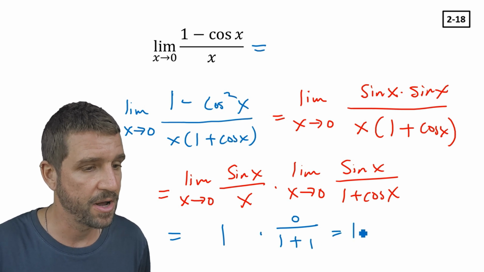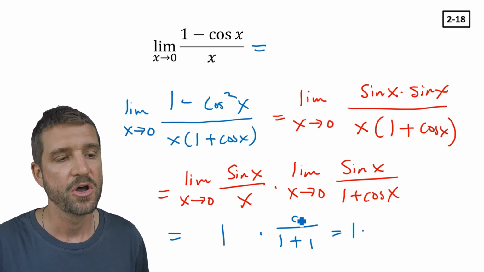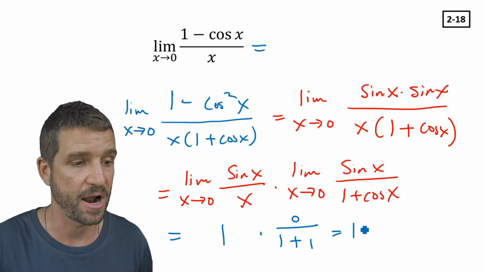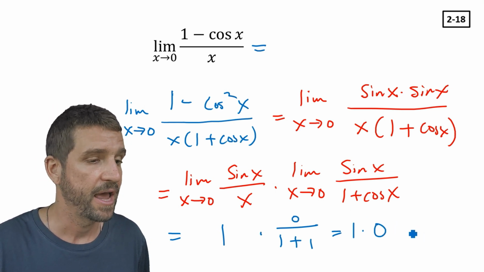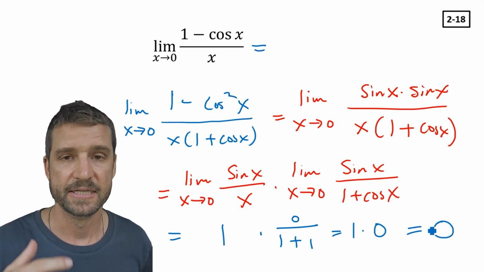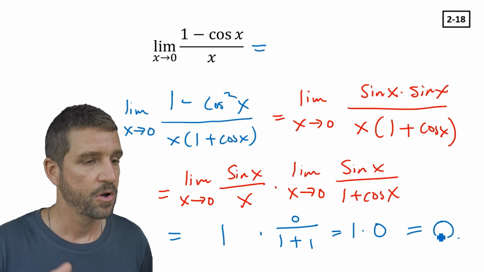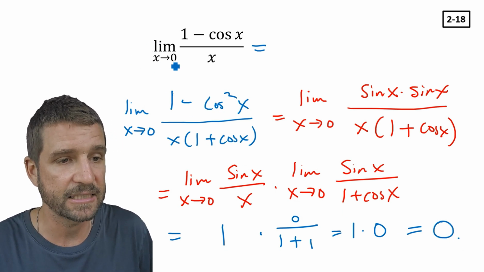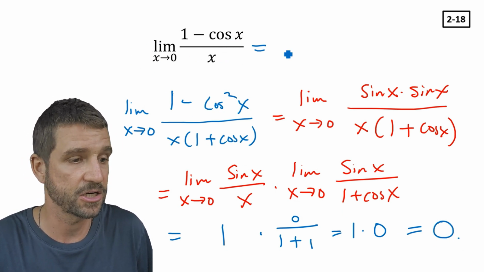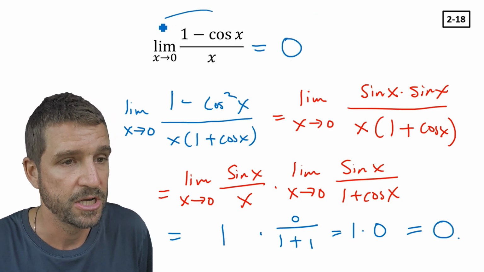So we're left with 1 times 0 over 2. We can have a 0 in the numerator, no problem. We're going to get 1 times 0, and that equals 0. Okay, so we found our answer. The limit as x approaches 0 of 1 minus cosine x over x equals 0.